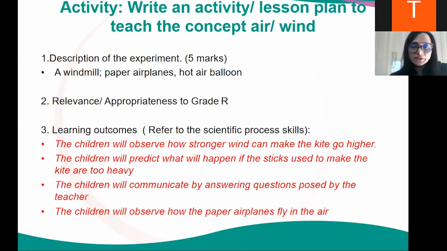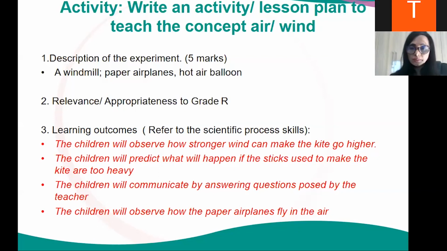For example, you will say, I will show the children how to make a windmill, or paper airplane, or a hot air balloon. And in this experiment, I will show the children what type of material is appropriate so that it will be able to show how air causes movement.